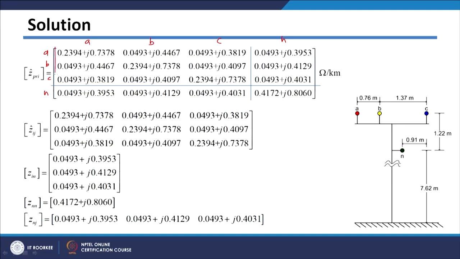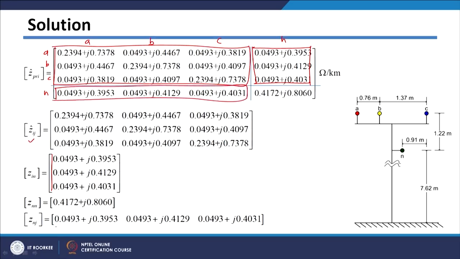So, this is the matrix related only to the phase conductors, which is represented by Zij. This is related to neutral and phase conductors, so this is Zin here. This is again related to phase and neutral conductors, so this is Znj here, and this is related only to the neutral conductor, so this is your Znn.